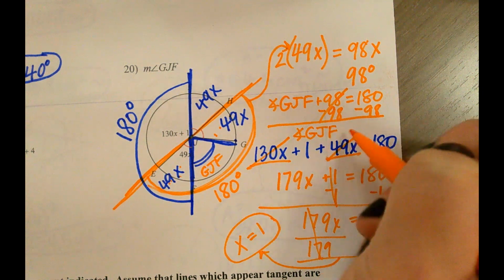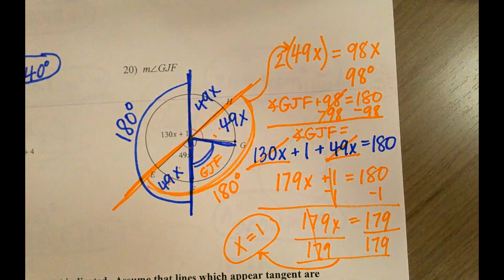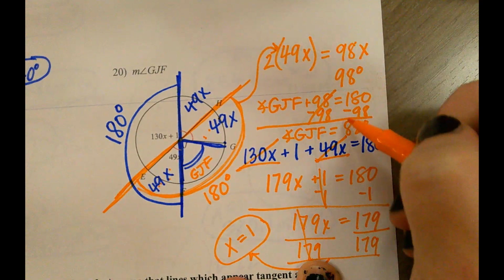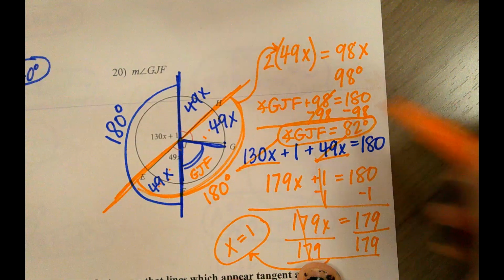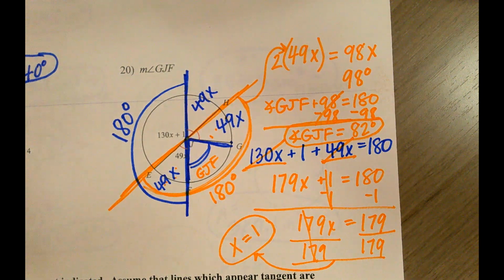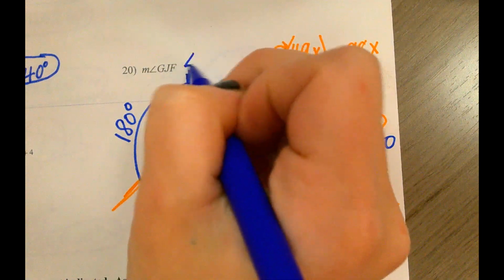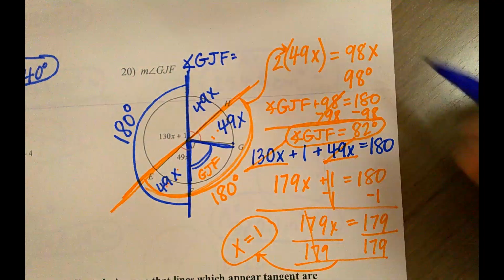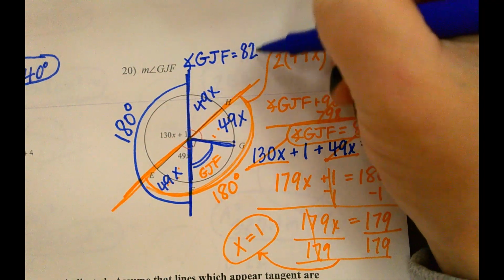So what is the measure of angle GJF? 82. Very good. 82 degrees. So I'll write that up here at the top. Angle GJF equals 82 degrees.